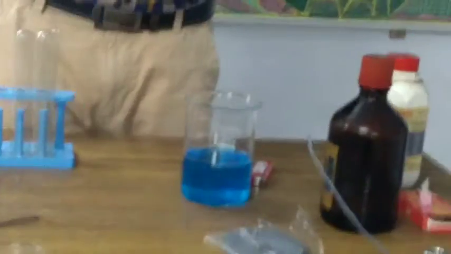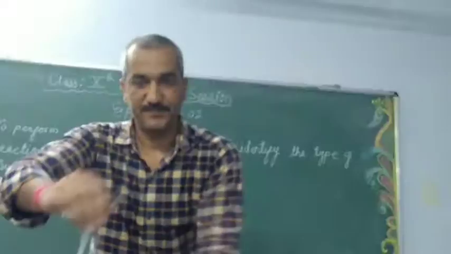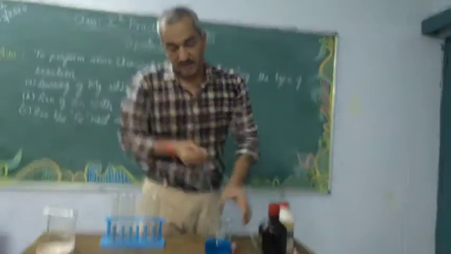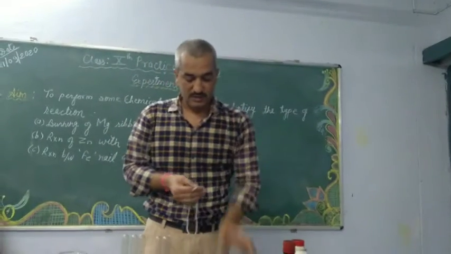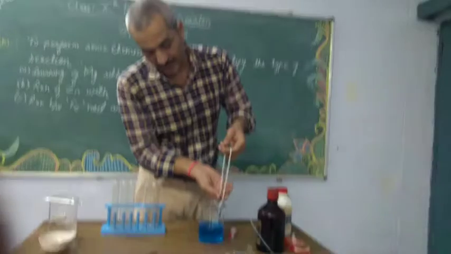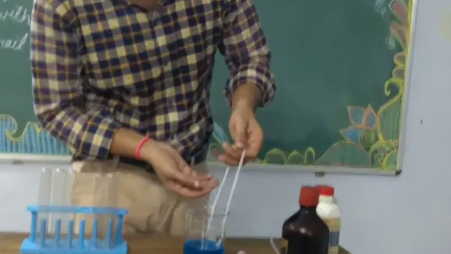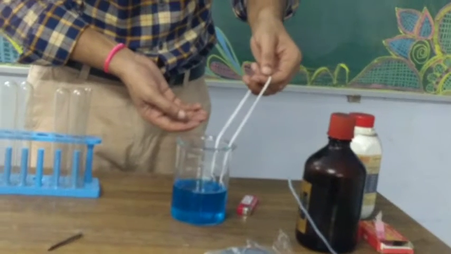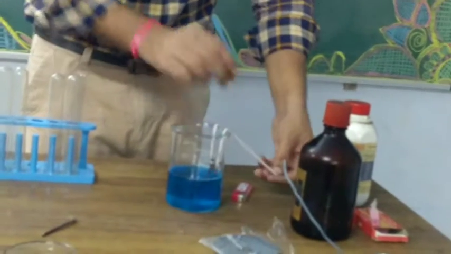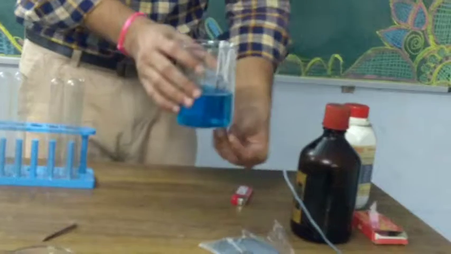First of all, you should observe the color of iron. All of you know iron. The color of iron is grey. And the color of this copper sulfate solution is blue. I am letting these nails into this solution.